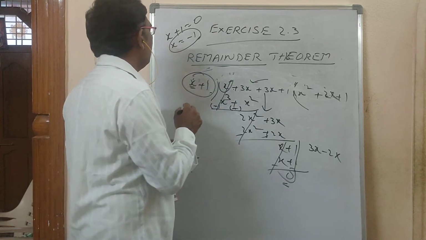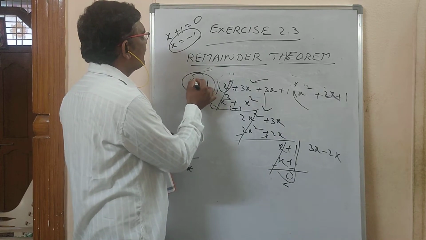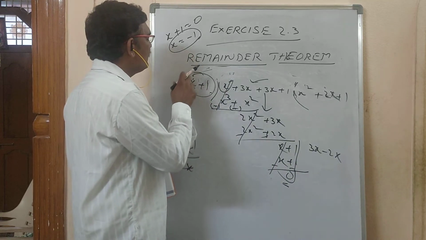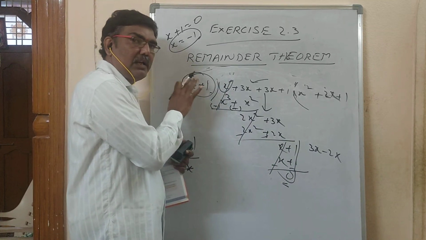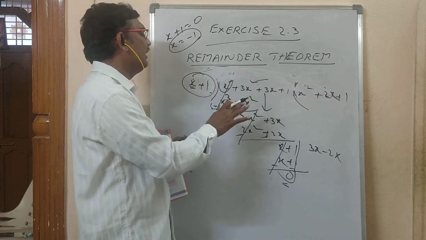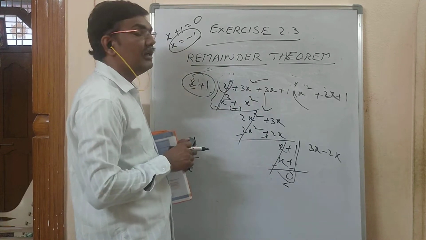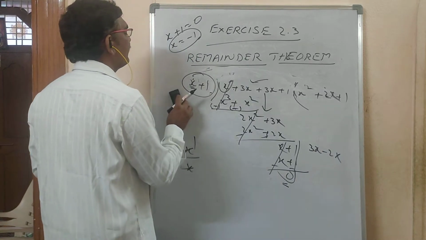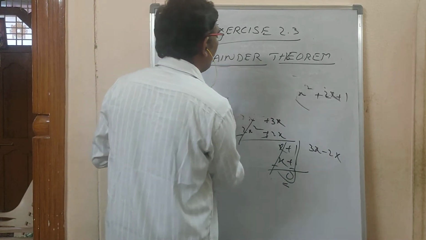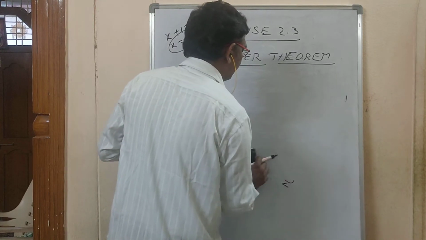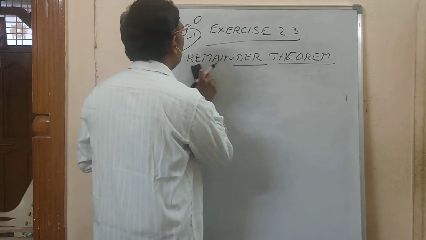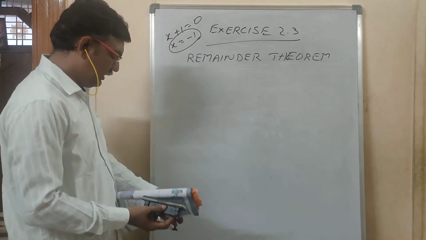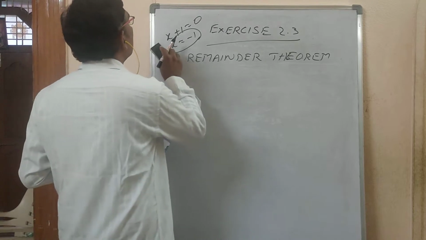We can't have x square, x cube, x power 4 like that. Then only, without division, you can find the remainder, not the quotient. Now we'll do one more problem. I'll explain the theorem proof later. First we'll solve some problems.